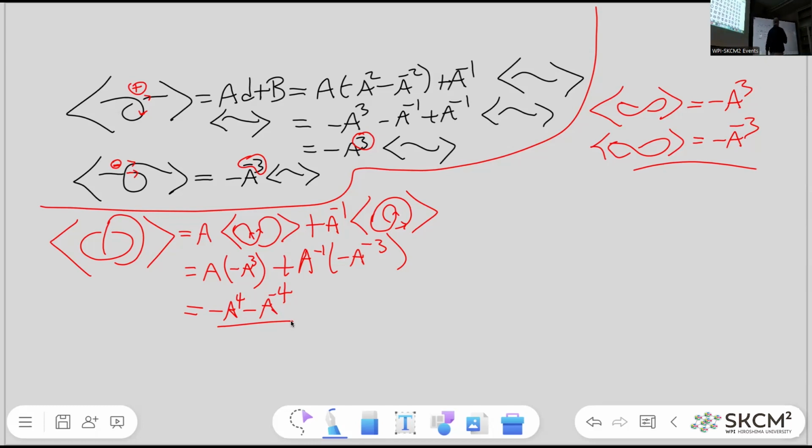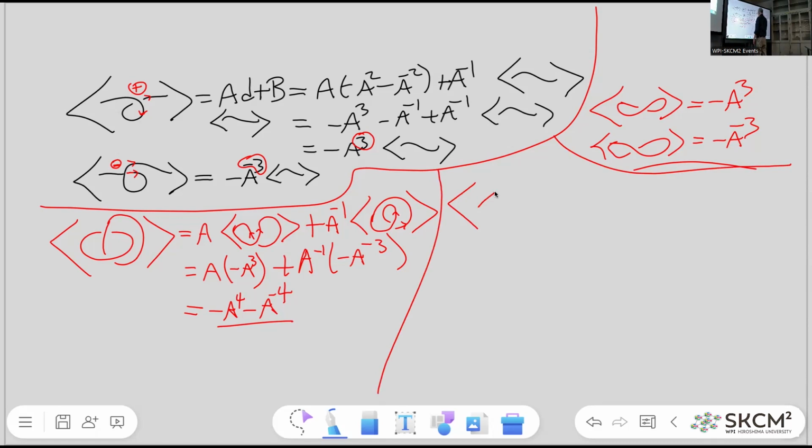Then there's the matter of, we'll do the trefoil and then I'll come to normalization. We'd like to make it invariant under all 3 Reidemeister moves. Let me postpone that for a moment and calculate one more example. So let's take the trefoil.